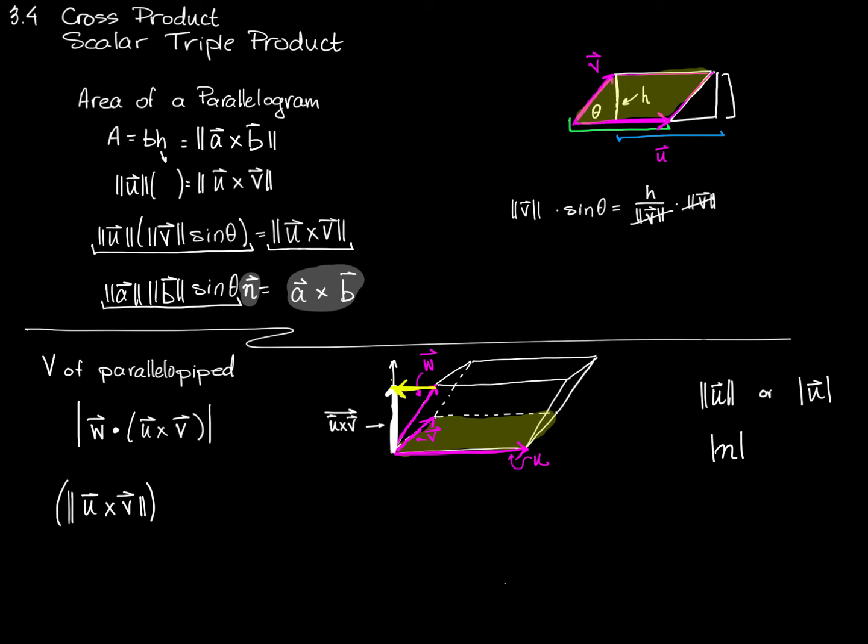And in order to find the length of that vector, I do what's called the scalar projection of W onto that vector, which is U cross V. So what I want here is comp, that's what we used for that, comp of the vector W onto the vector U cross V. Well, the formula for comp, for scalar projection, I'm just rewriting this magnitude here.